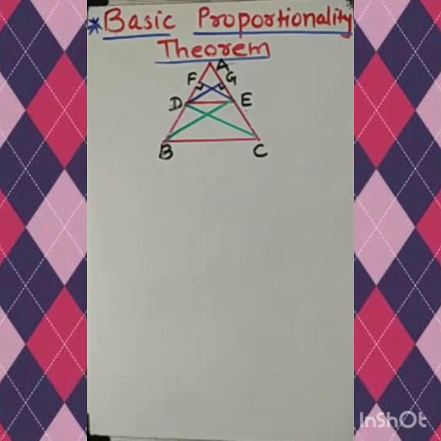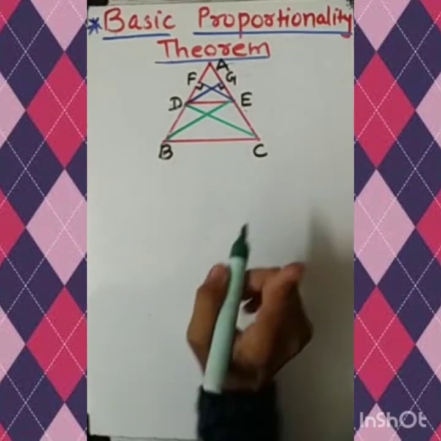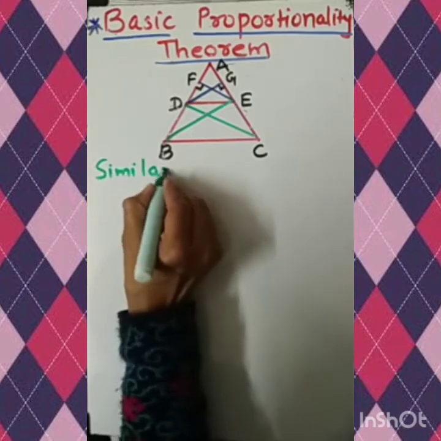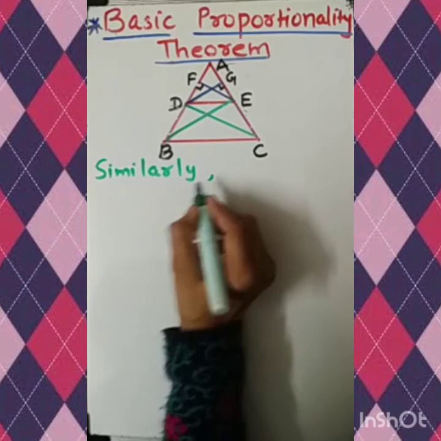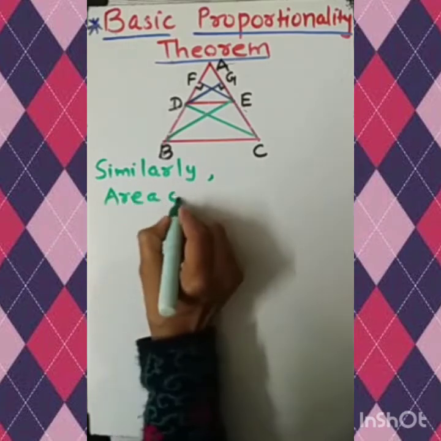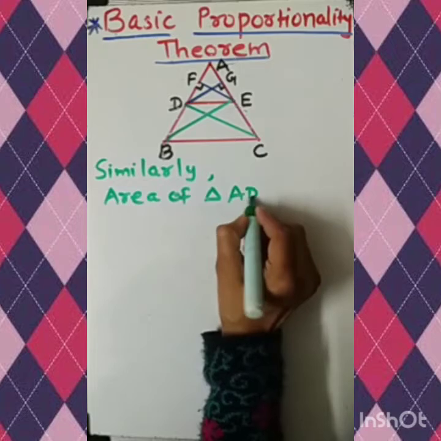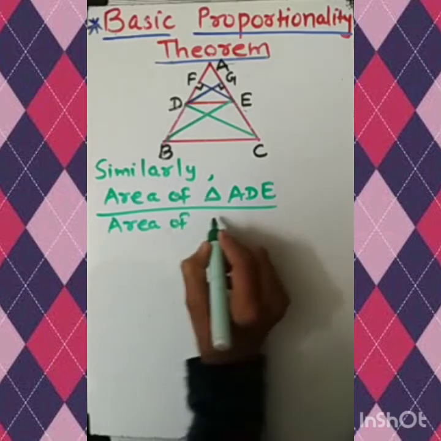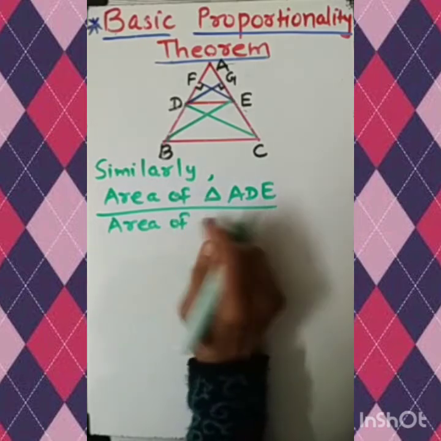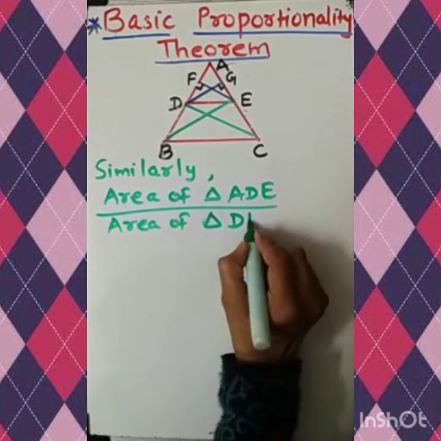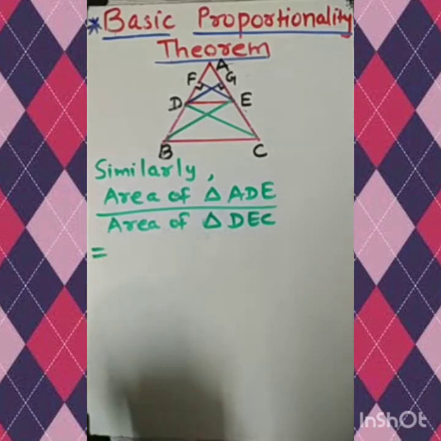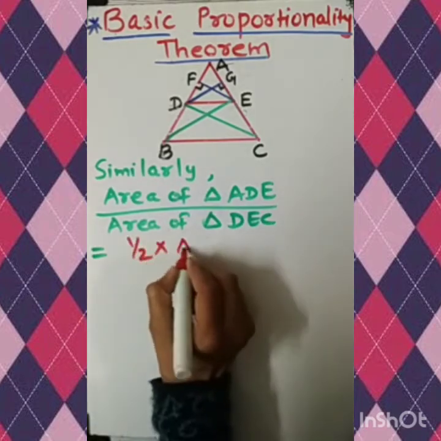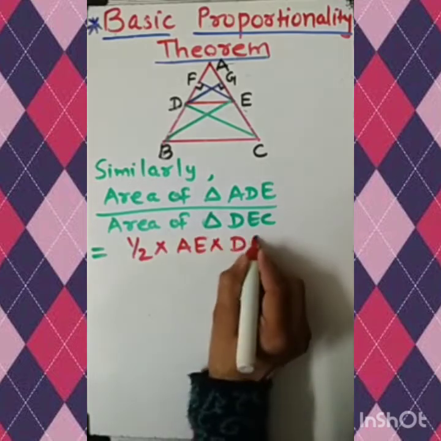Let's continue the BPT in the third part. This first we have proved already. Now similarly, in continuation, can I say area of triangle ADE and area of triangle DEC will be equal to, similarly, 1/2 base into height. So for ADE, the small triangle, it is 1/2 into AE into DG.